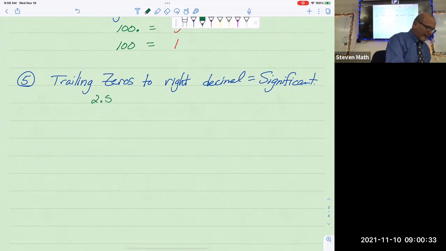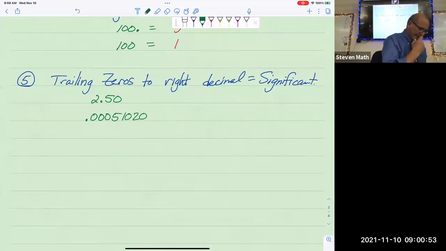So 2.50 is 3 sig figs. That zero is significant. All of those are significant.